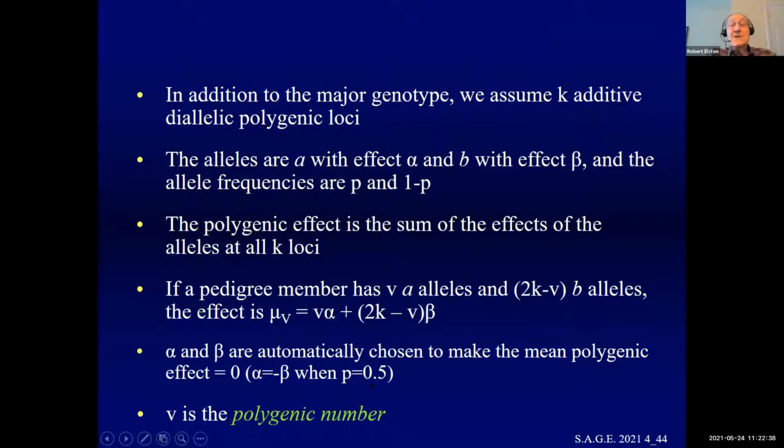As far as I know, nobody has ever put in anything but 0.5 for P. I don't know what difference it would make. It would skew the polygenic effect one way or the other. I'm not sure there's any need for it, but you can in fact change this P if you want to. I've never tried it.